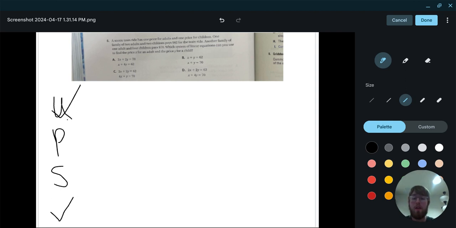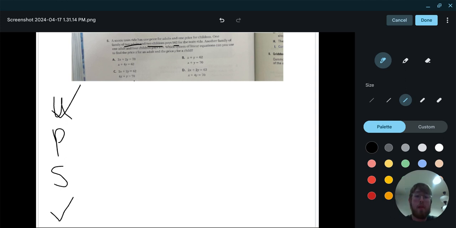One family of 2 adults and 2 children pays $62. That information right there is going to be very important. Since it's all in one sentence, that seems to me like a potential equation.